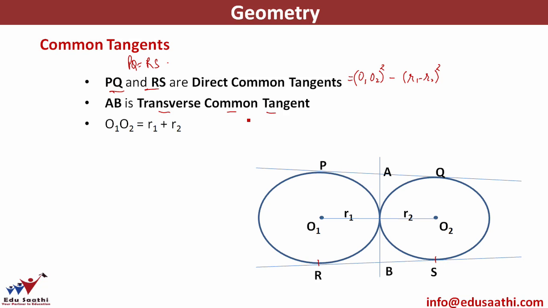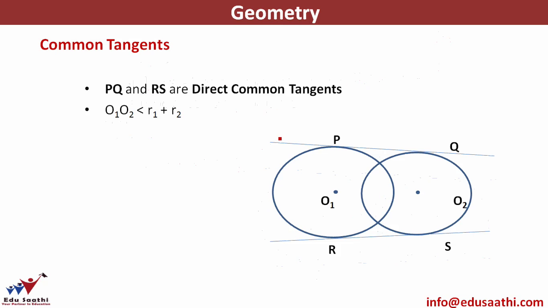Now I cannot find the length of AB, because AB is a tangent at the common point where the two circles touch each other. In the previous cases that we have done, the circles are not touching each other. Here the circles are touching each other, and the line joining their centers is actually equal to the sum of the two radii. So the length of PQ and RS would be less than the distance between their centers, which is the sum of the two radii.